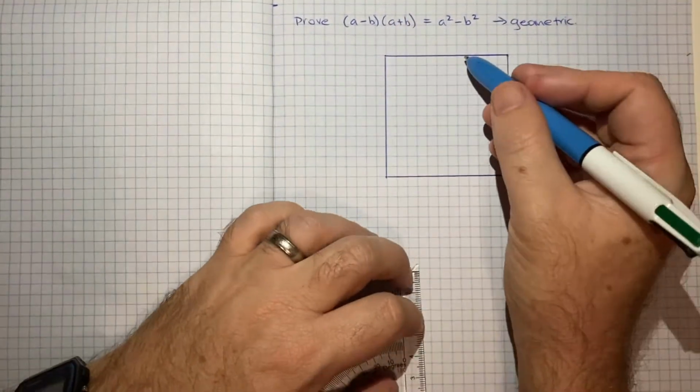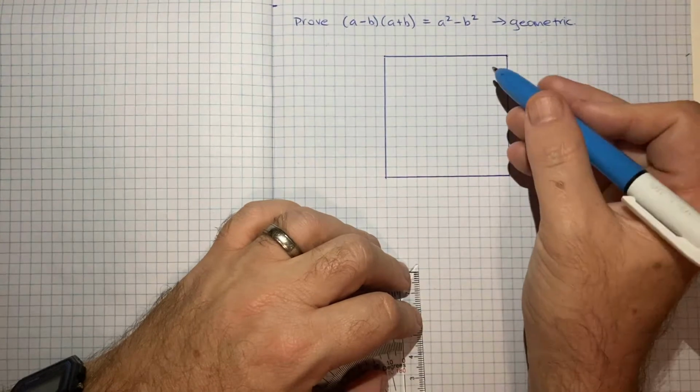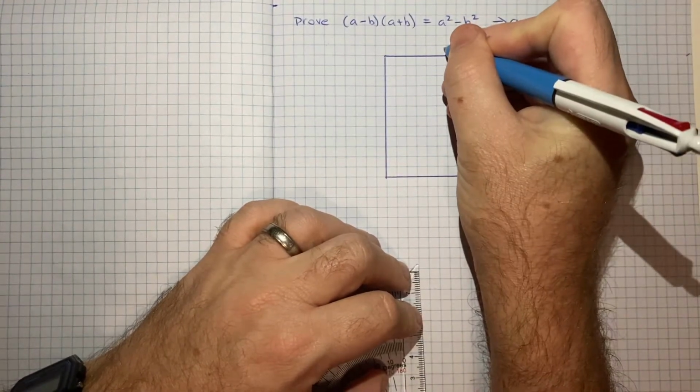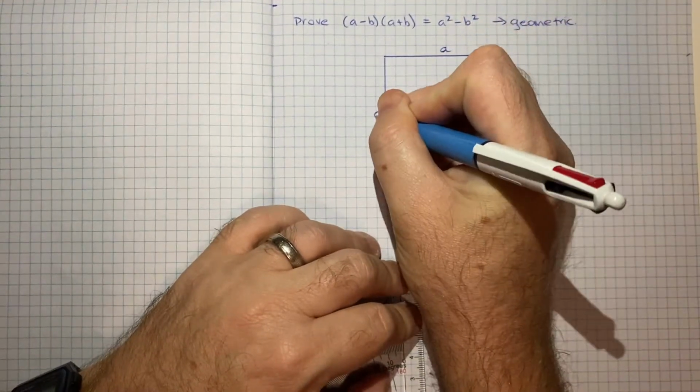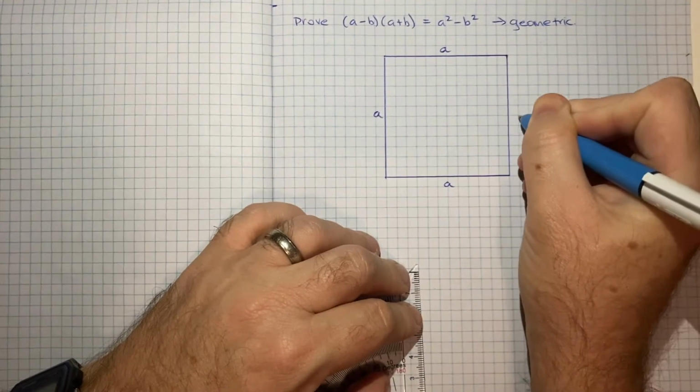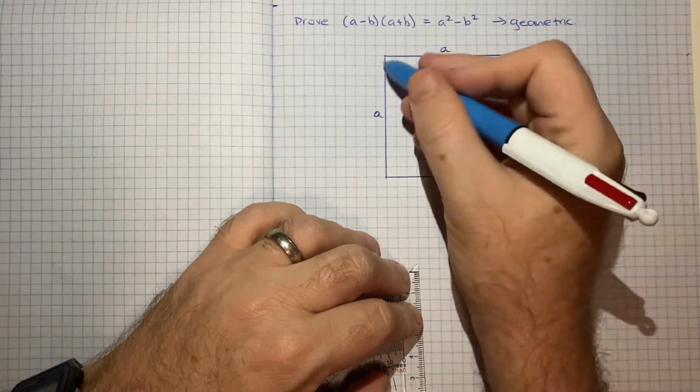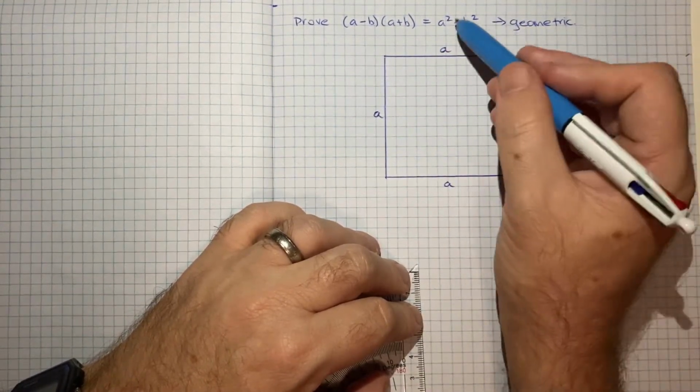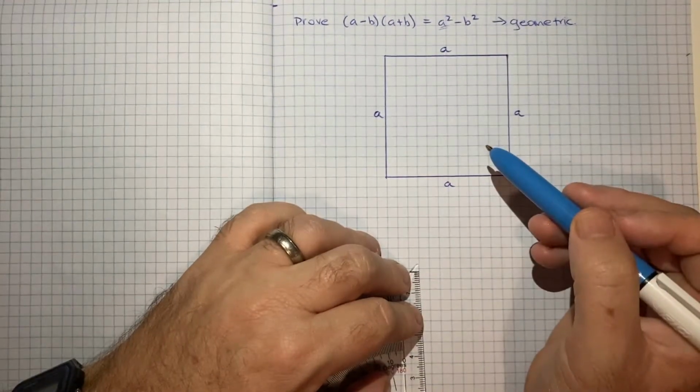Okay, so here we have a square. All the sides are of equal length, and I'll give it a length of a. So each of these sides will be a, and we know that the area of this square would be a squared, which is where this comes in.